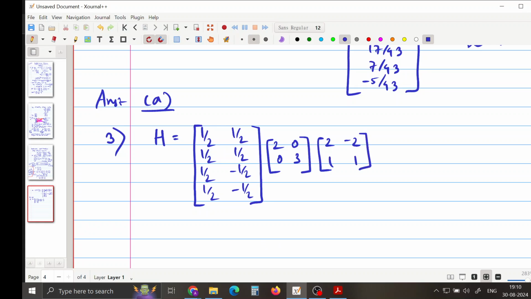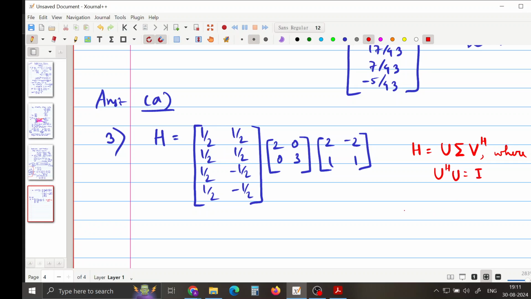So this is what is given. Okay, remember my goal is to express H in a form U sigma V Hermitian, where my U matrix is a semi-unitary matrix, meaning that U Hermitian U must be identity.